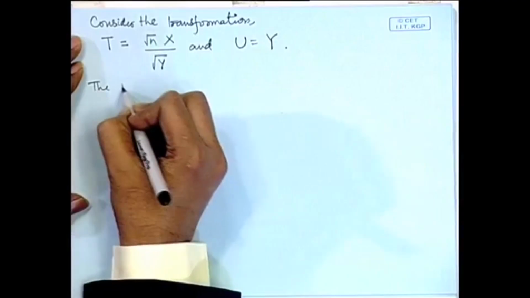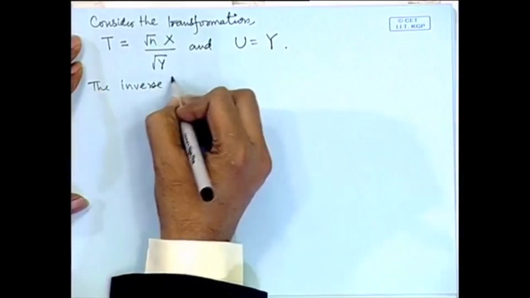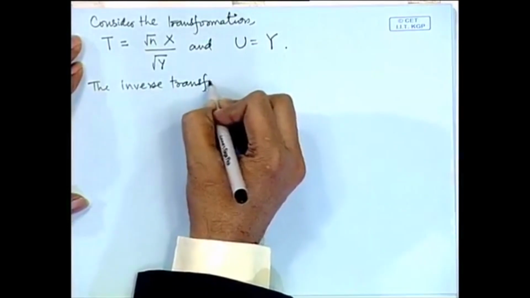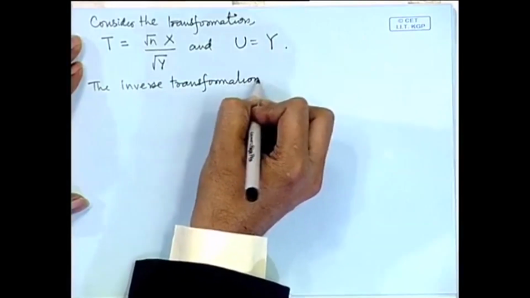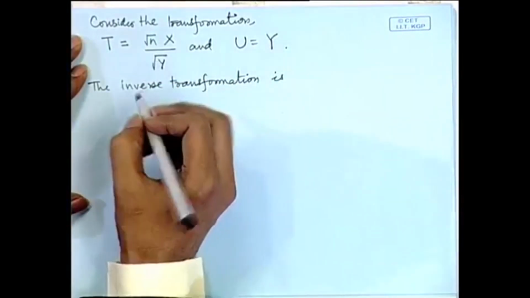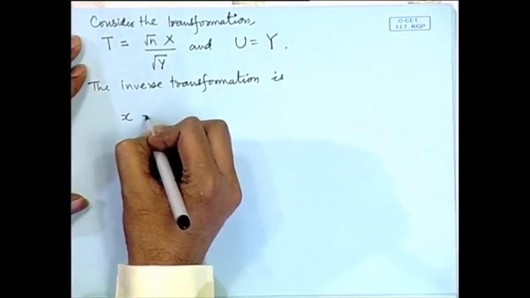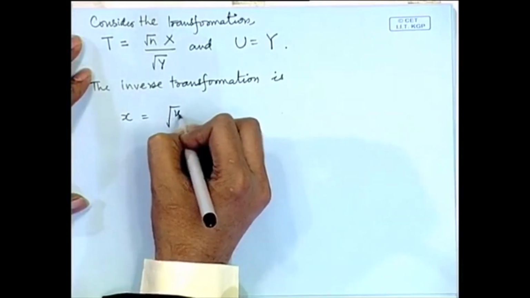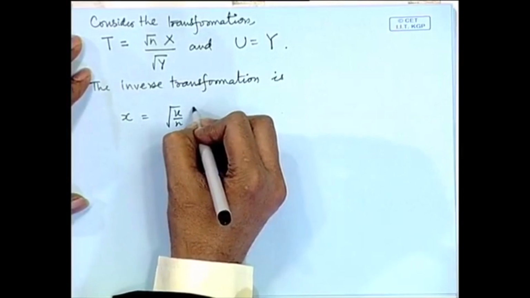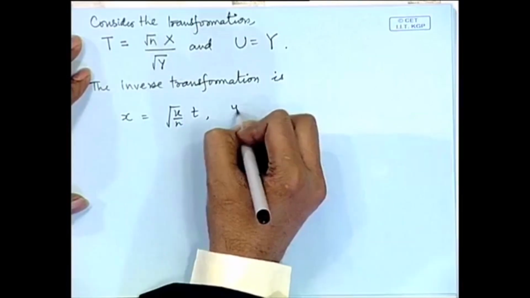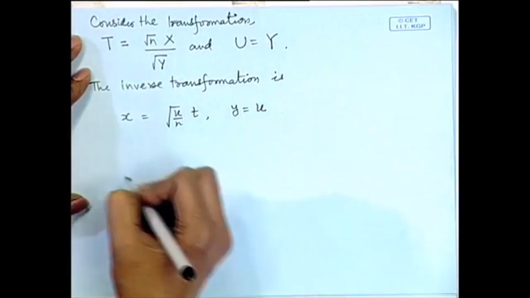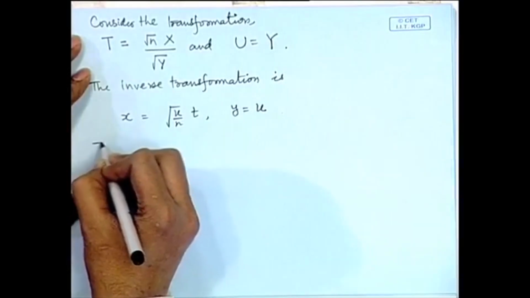So that we can find the joint density, and then we can integrate out the undesired variable. So, the inverse transformation here will be X is equal to root U by n times T and Y is equal to U. So, we consider the Jacobian.